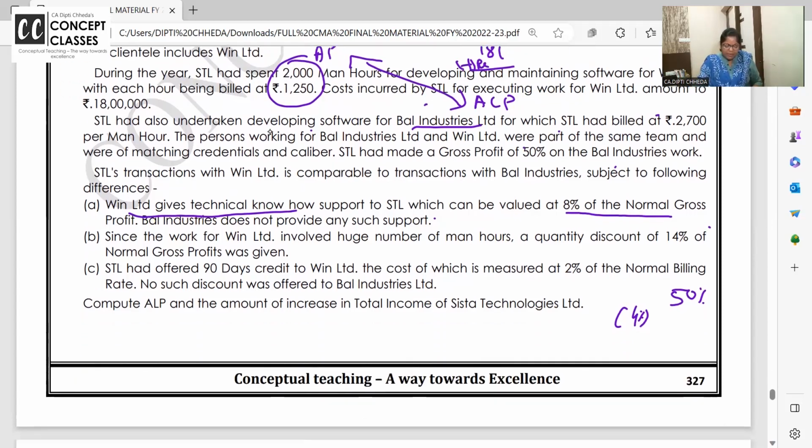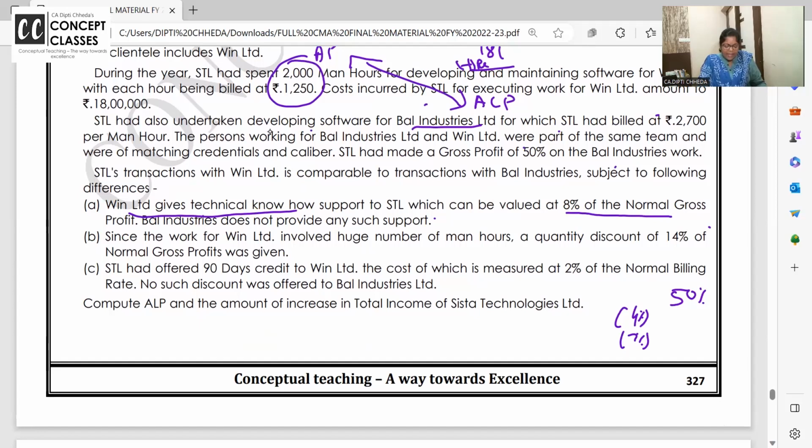Others are not giving. The work for Win Limited is having huge manpower, so we are giving them a 14% discount. 14% of 50 is 7%. So we are giving a discount in GP to the sister concern, which we are not giving to others.